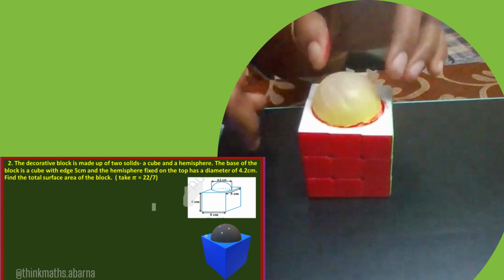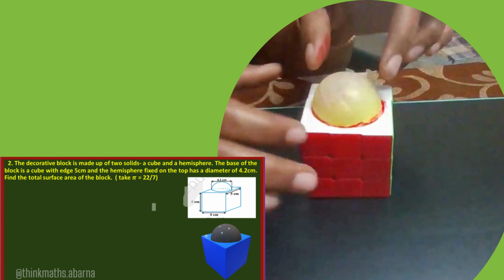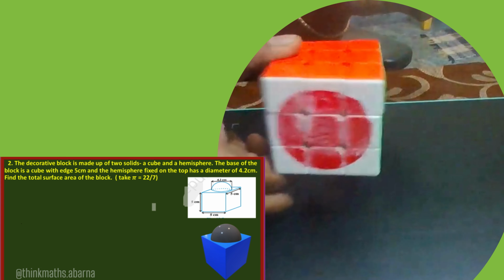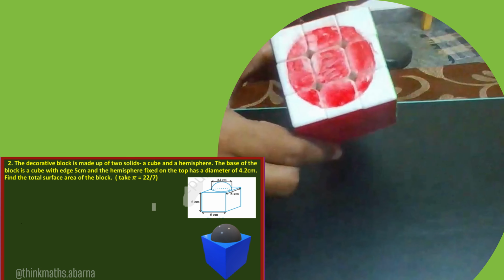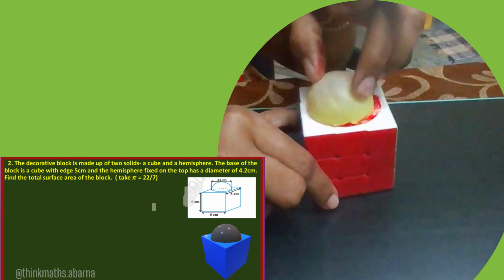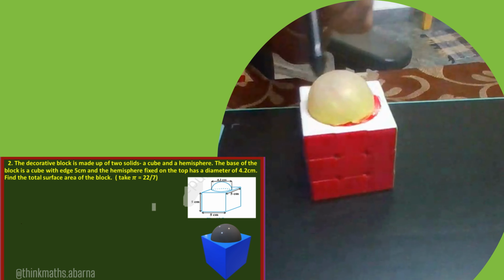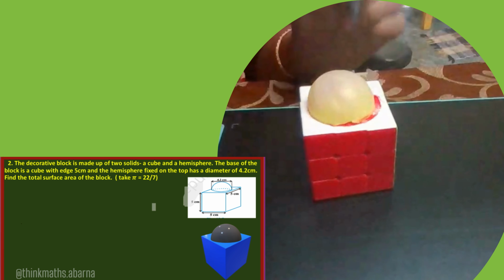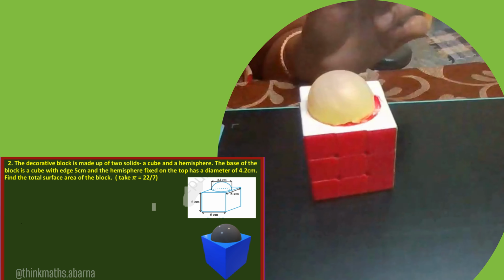Now what happens? In the surface area of the cube, this base area of the hemisphere will not be included, as this hemisphere is placed on top. So we have to subtract the base area of the hemisphere to get the total surface area of the block.